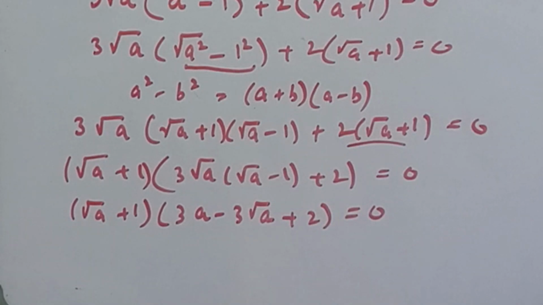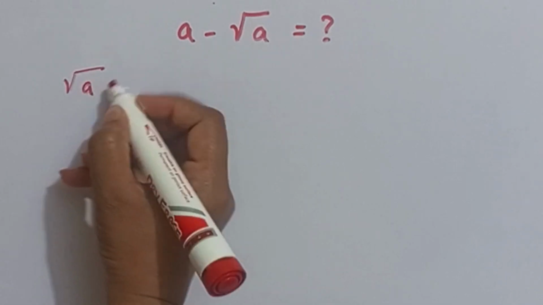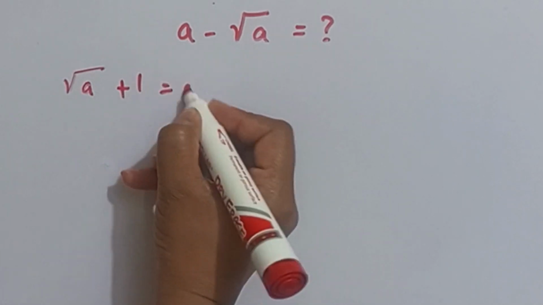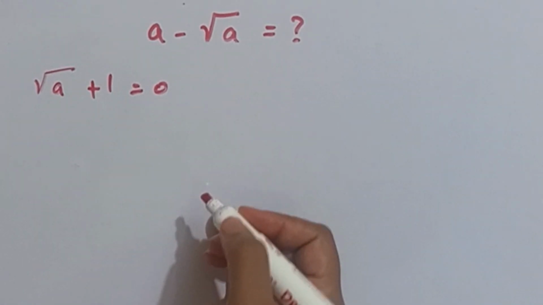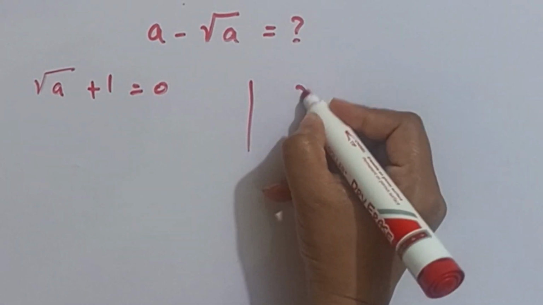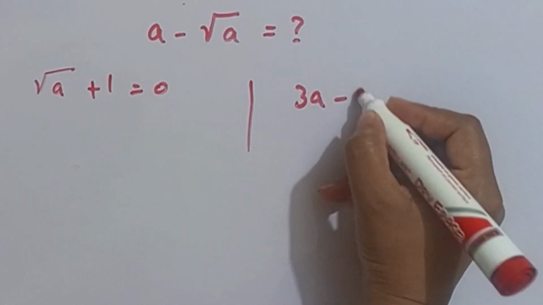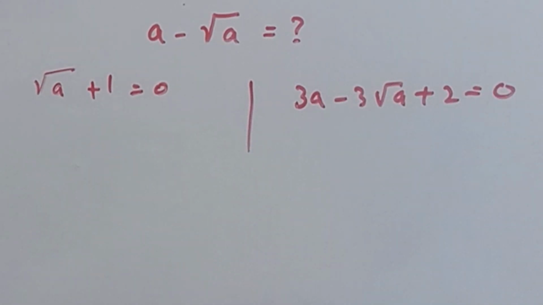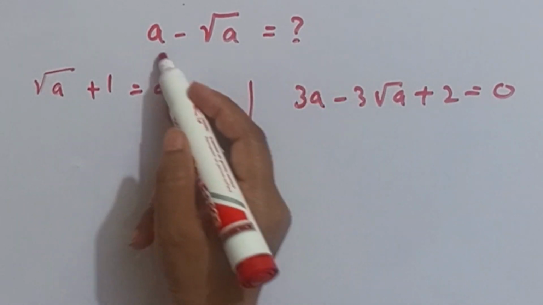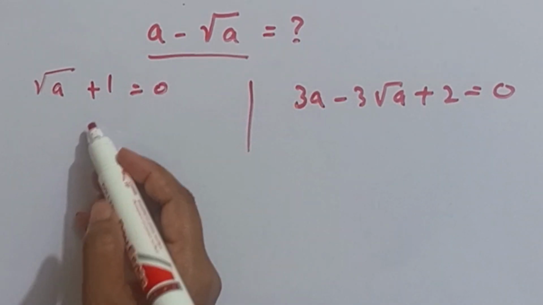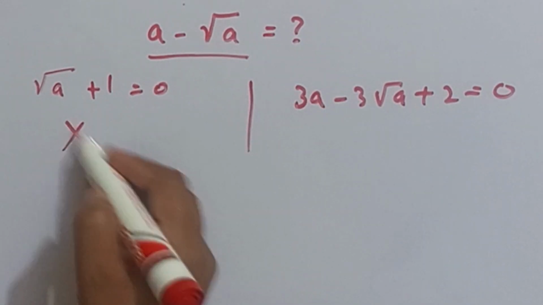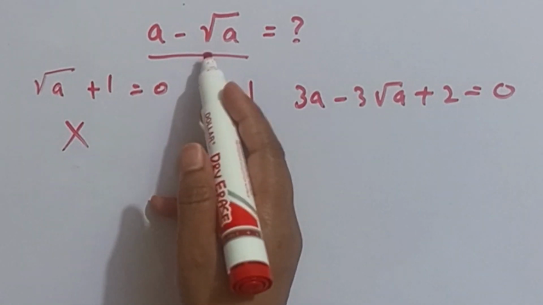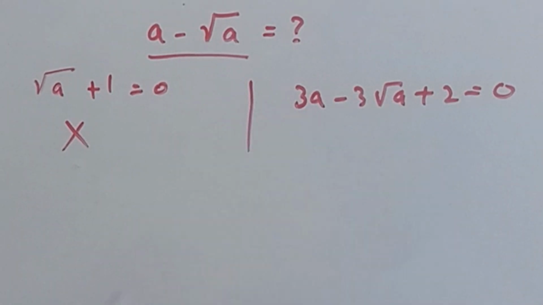So this implies one of them must be equal to 0: √a + 1 = 0, or 3a − 3√a + 2 = 0. Focus on this part. We just find the value of this one, so √a + 1 = 0 is not a valid equation to find the value of this one.